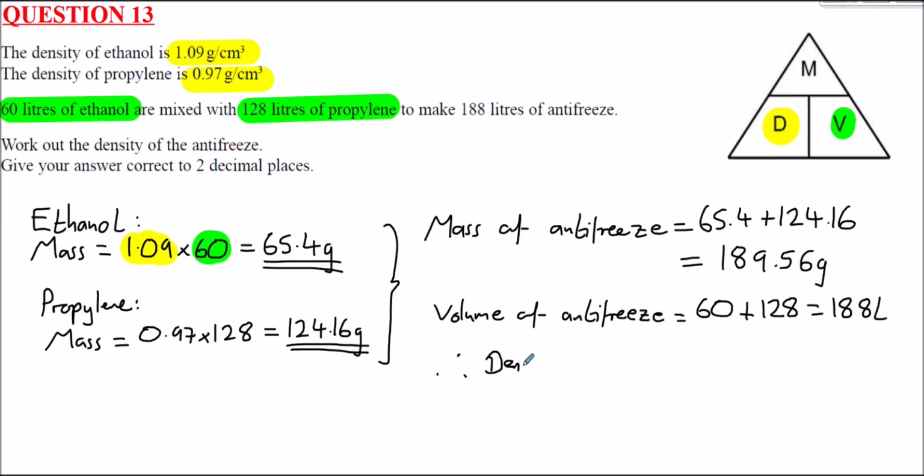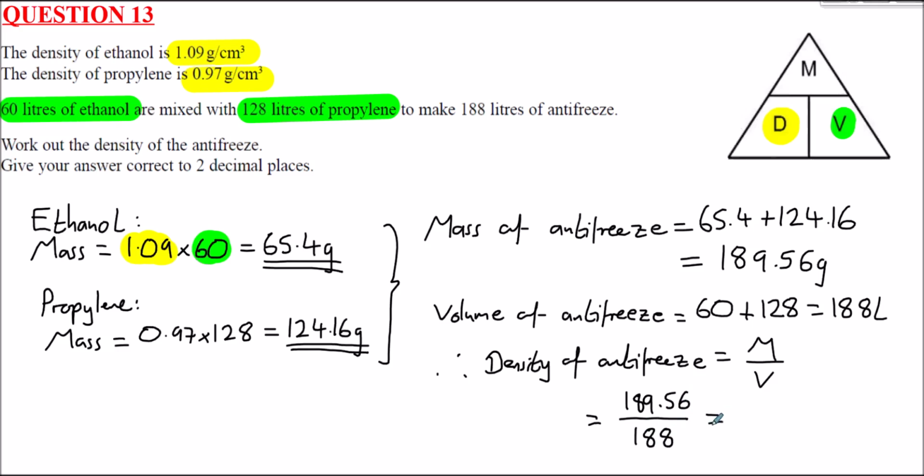So therefore, the density of the antifreeze, D for density, so cover that up, we'd only be left with M on top and V on the bottom. M on top, V on the bottom. So the mass of antifreeze is 189.56, and the volume of antifreeze is 188.